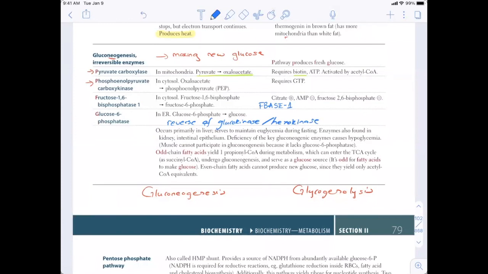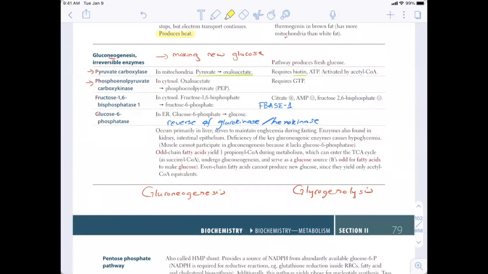You have completed gluconeogenesis. The one key thing you have to remember is that glucose 6-phosphatase occurs primarily, this reaction you see mainly in the liver. Your muscles don't have this final step, so muscles cannot participate in gluconeogenesis.